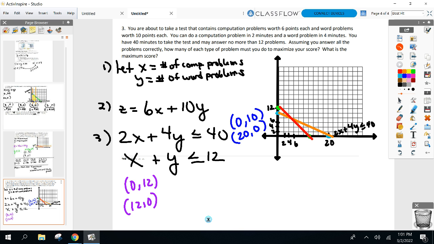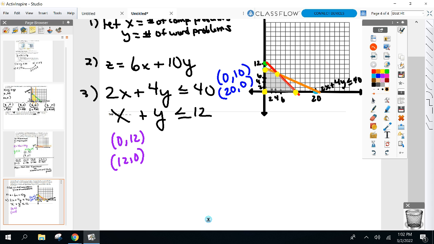Let's find the 4 corners here. Ready to help me with the corners?